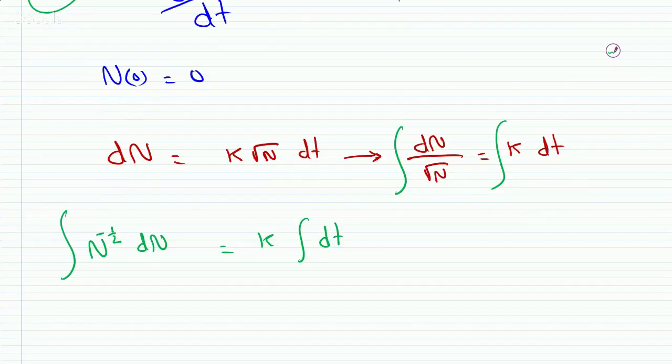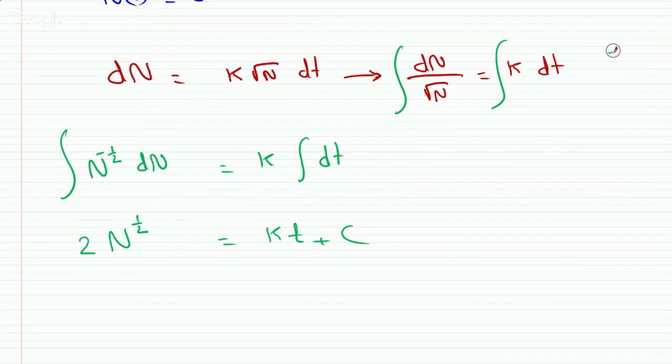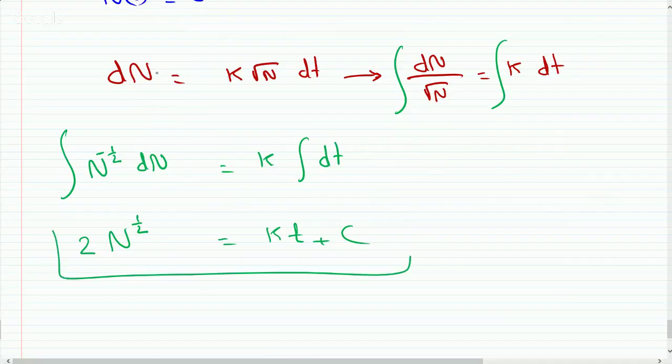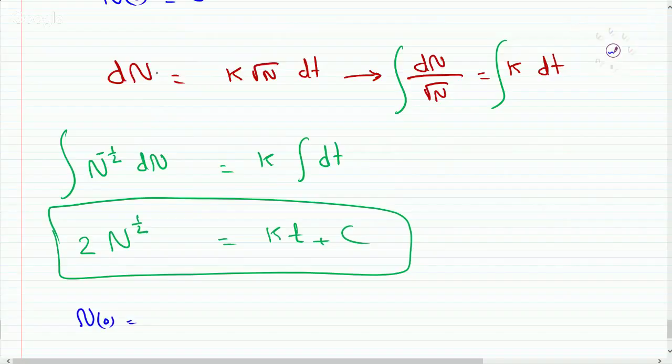Continuing on, we get n to the half divided by half, or multiplied by 2, is equal to kt plus c. Now we can use the initial condition that n of 0 equals 0 at t equals 0.